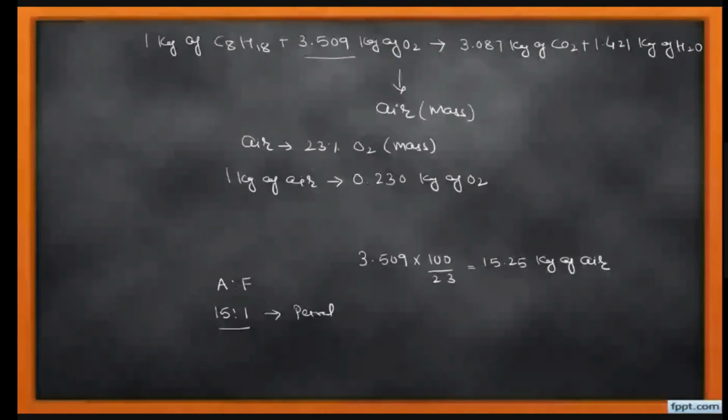If it is the proper amount, meaning a theoretical balance, then we call it a stoichiometric requirement. And second type is a rich mixture. One is rich mixture and second is a lean mixture. Rich mixture means more fuel and lean means more air.